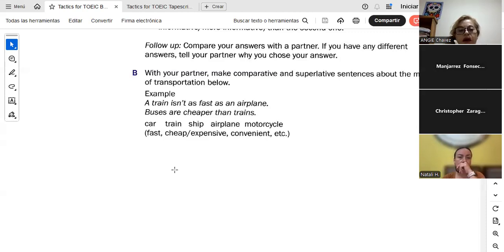So an airplane ticket is a lot more expensive than a train ticket, no?